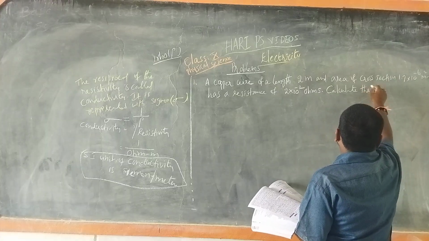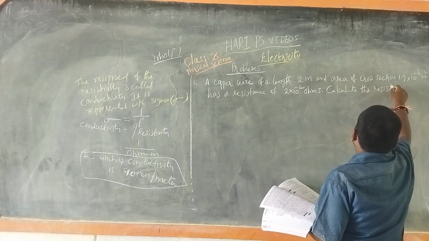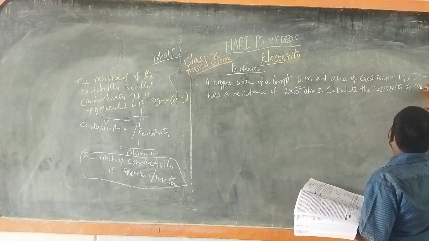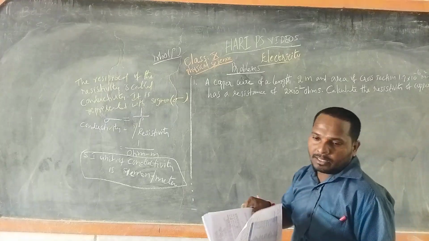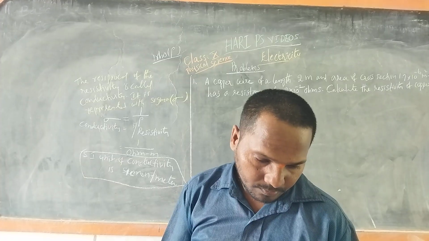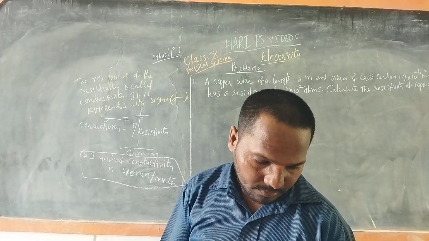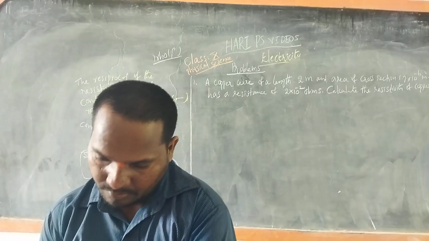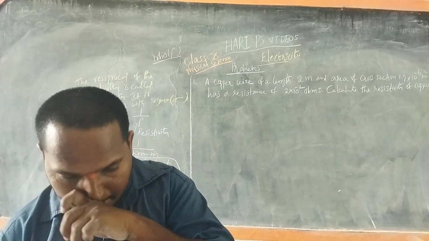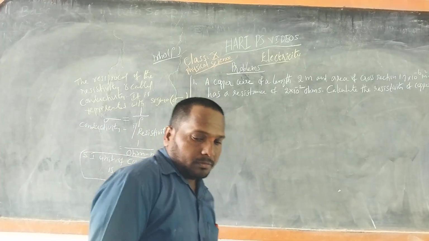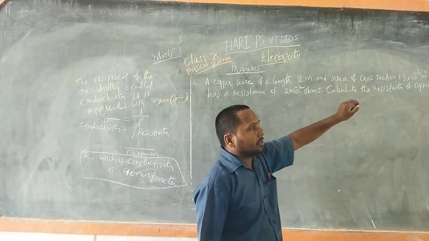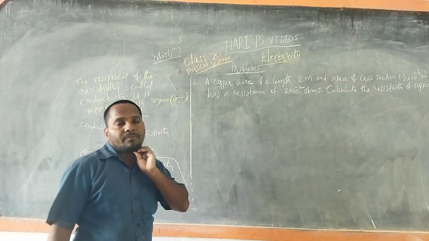Calculate the resistivity of copper. This is the formula. So in the problem, given the length of the wire, area of cross section, and resistance of copper.